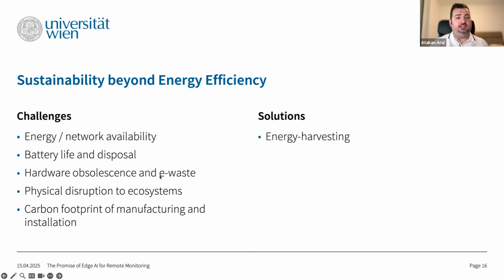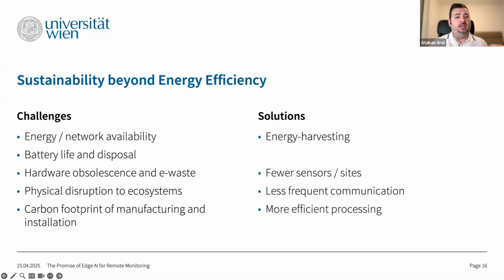For network availability, the solution was already mentioned: using nearby resources for processing in the local area network, and then communicating only the model updates, which are significantly smaller in size compared to raw data, of course.